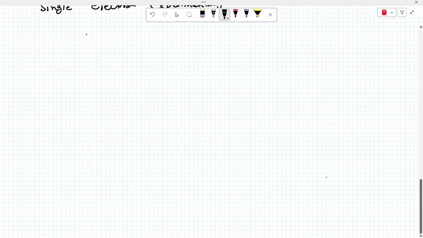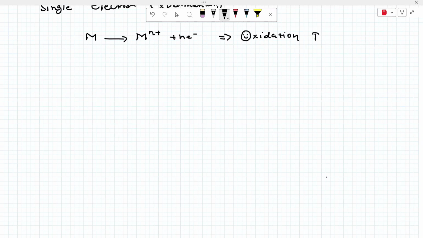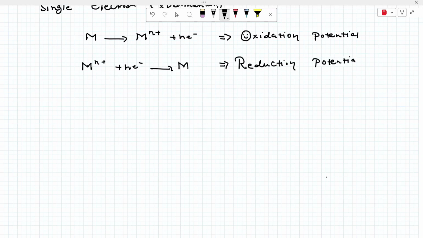Now this metal M becoming M n+ plus n electrons is oxidation. That is called oxidation potential. Similarly, M n+ plus n electrons to become M is reduction. This is called reduction potential. You got the point?